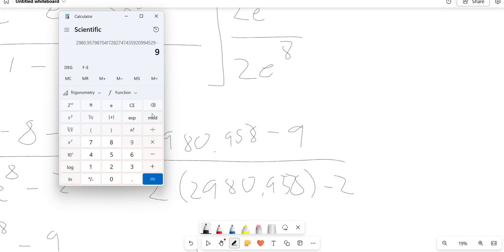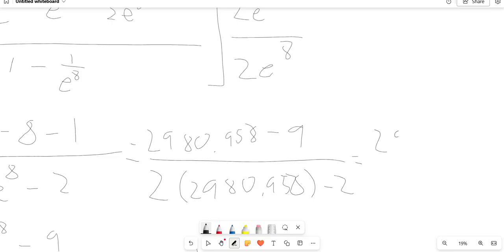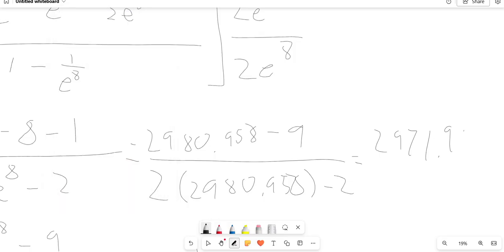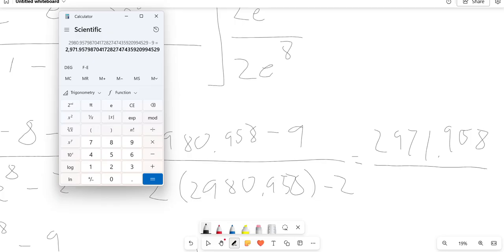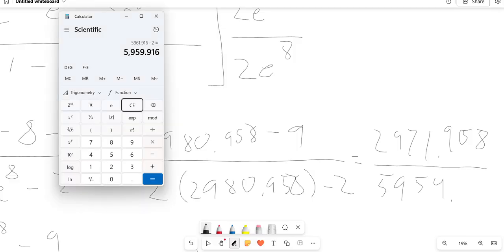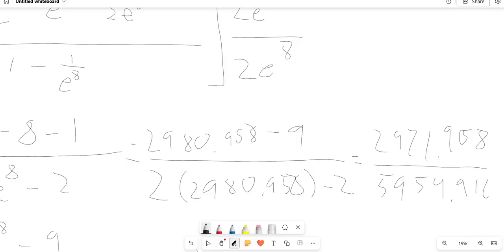So minus 9 equals 2971.958, divided by 2 times 2980.958 minus 2, and that's 5959.916.